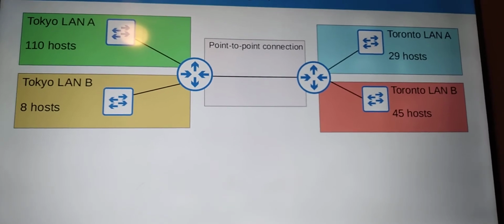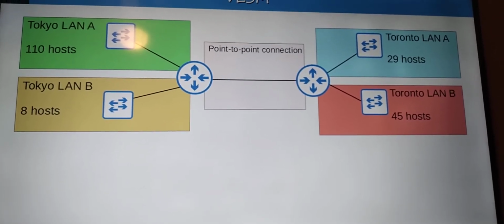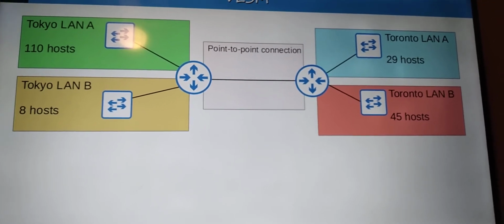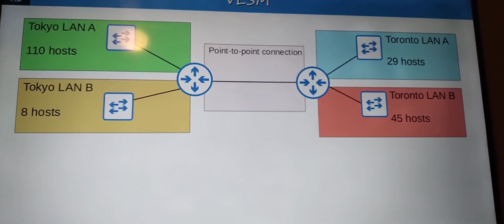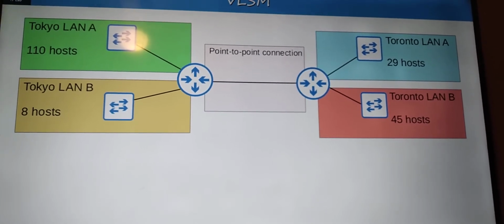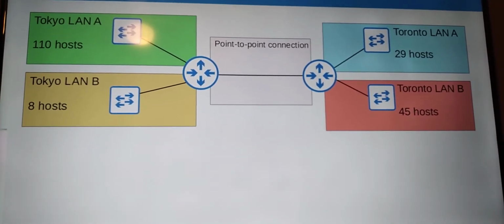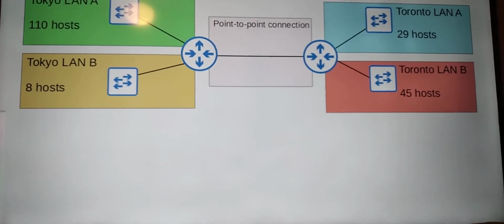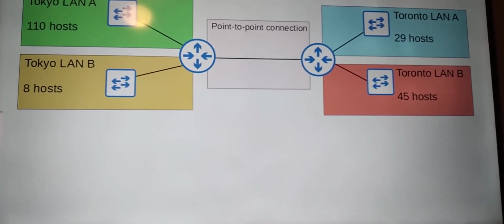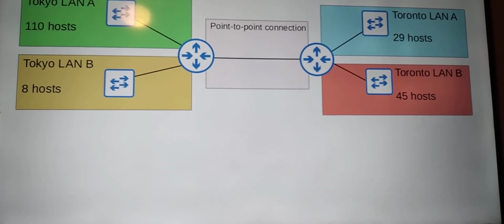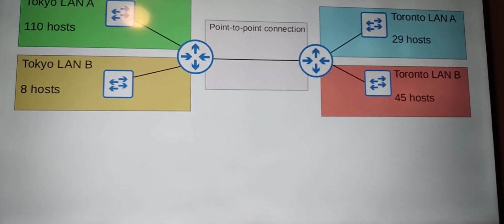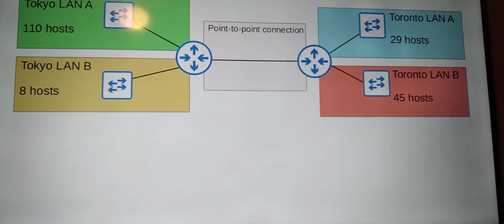Tokyo's LAN-A has 110 hosts, and Tokyo LAN-B has 8 hosts. Toronto, Canada LAN-A has 29 hosts, and Toronto, Canada's LAN-B has 45 hosts.